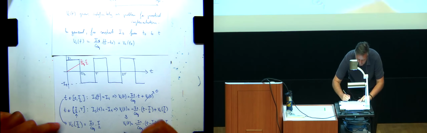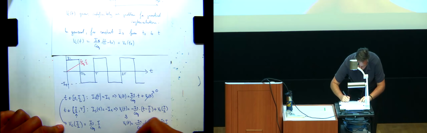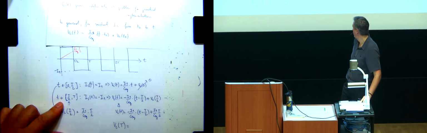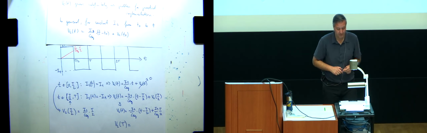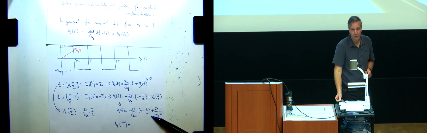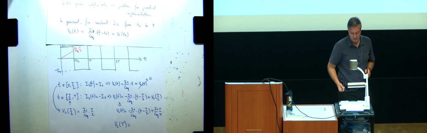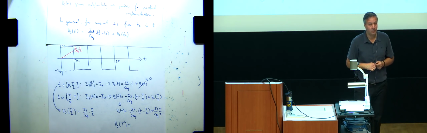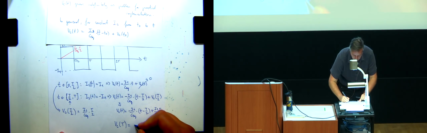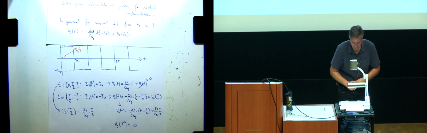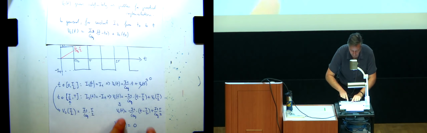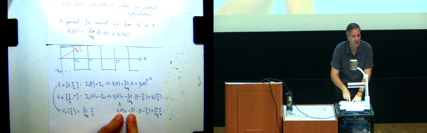Okay, what is Vc of t when you plug T into this equation? 0. Right? So if you look at this equation, the slope is now negative, right?